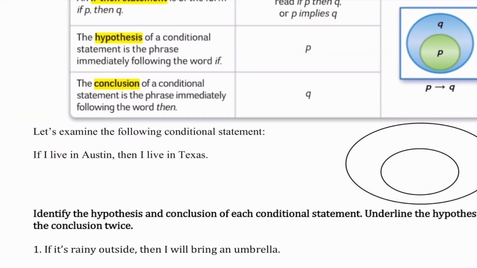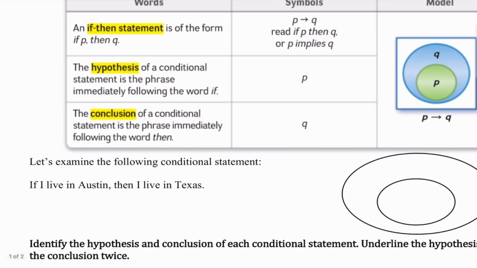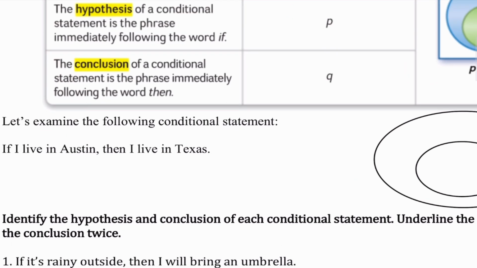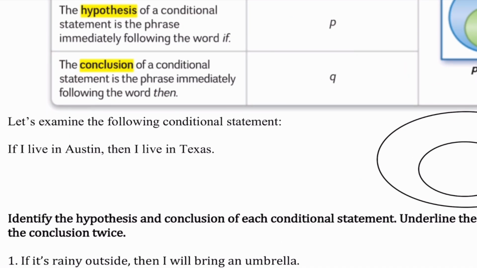Now let's examine the following conditional statement. A conditional statement, remember, is in the form if P then Q. So I have a statement right here. If I live in Austin, then I live in Texas. What I'm going to do is identify the hypothesis and the conclusion.